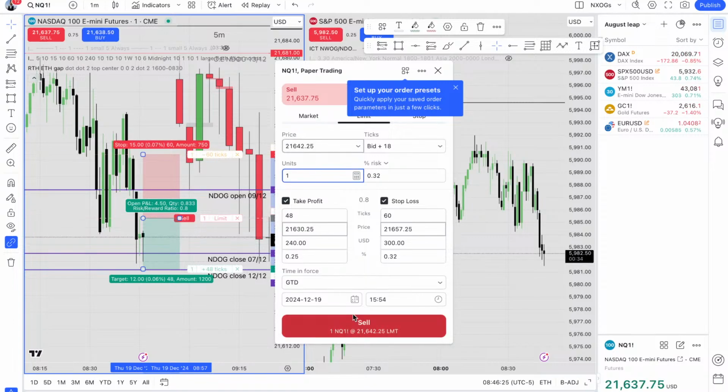Let me wait for the 47 minute at least. So why am I entering there? Because of the fair value gap, because of the above SMT.